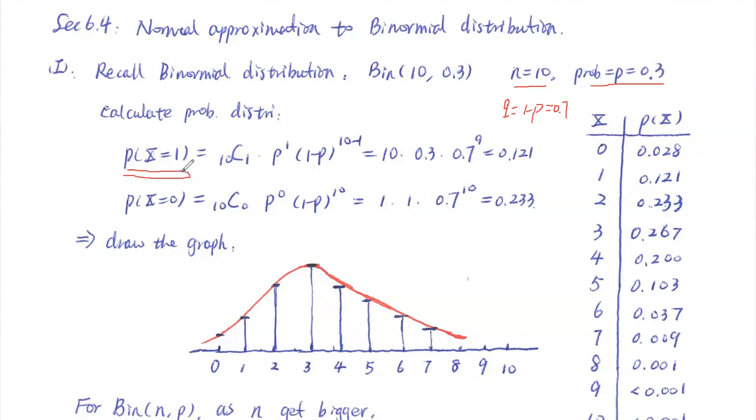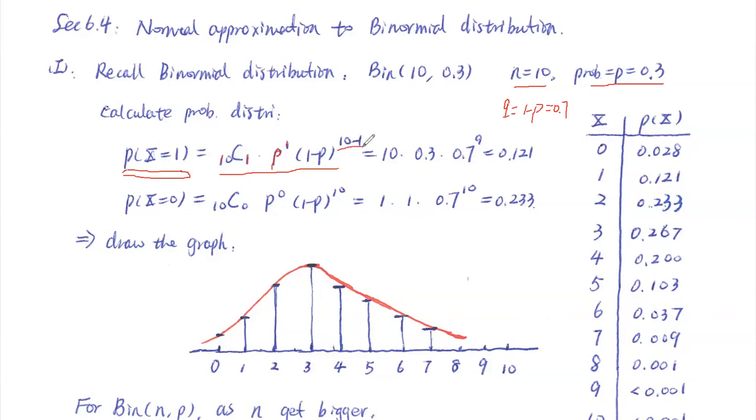If I have to calculate that, I can plug x equal to 1 directly into this formula here. That's the formula we learned in the previous section, binomial distribution, right? So first you choose 1 out of 10. You can consider it that way, right? And then you want that one to be a head, right? So that's p to the first power because it's only 1. And then 1 minus p to the power, because you only want 1 to be head. That means the other nine tosses should be tail.